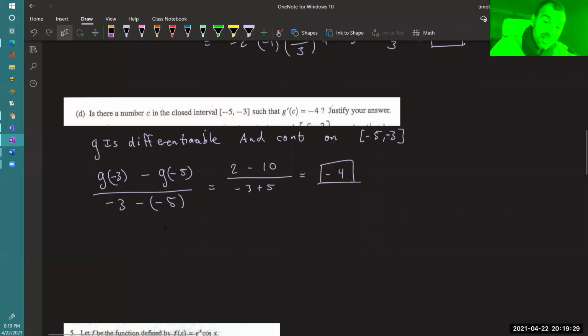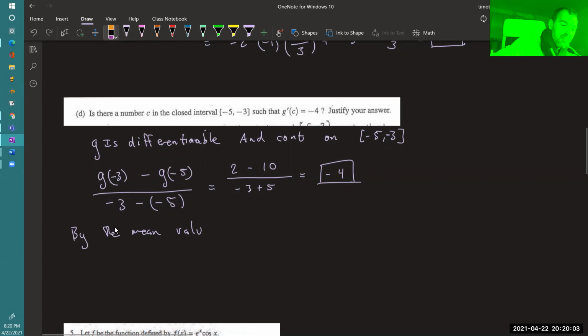So you are guaranteed by the mean value theorem to have some value c here such that G prime of c is equal to the average rate of change of the entire thing. That's your justification. So you would say by the mean value theorem, I think you can do MVT even.